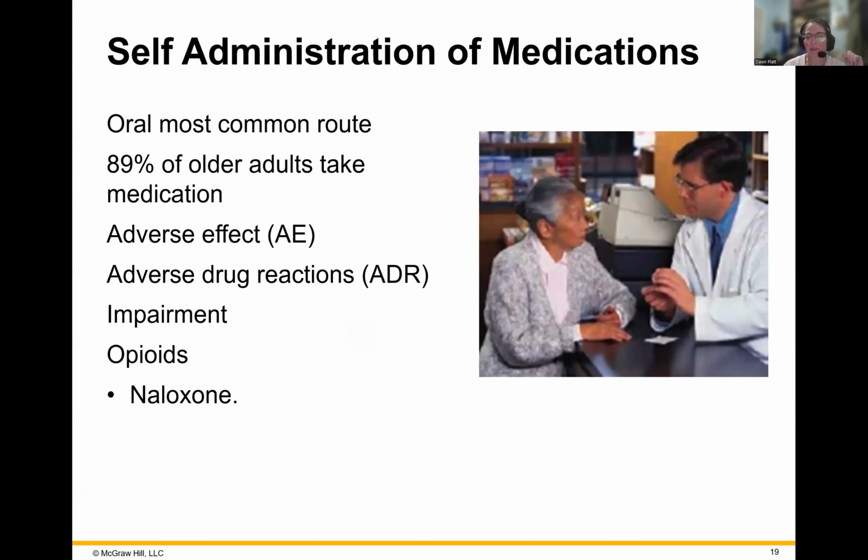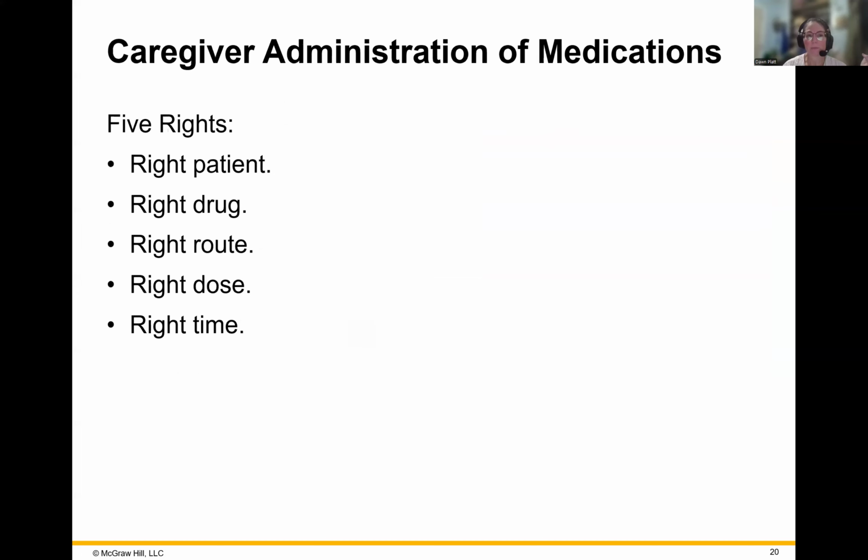When it comes to safe medication administration, we want to make sure that we are following all of the guidelines and all of the recommendations for that medication. We want to make sure that we aren't overdosing our patient, or giving them a medication that would cause an adverse effect or an adverse reaction, or even a potential side effect as well.